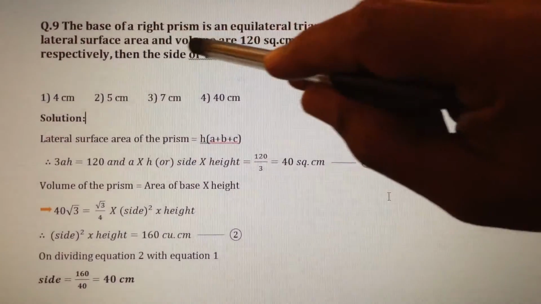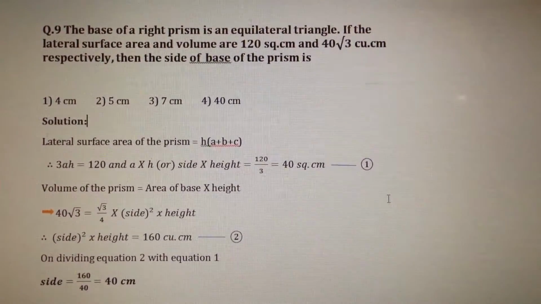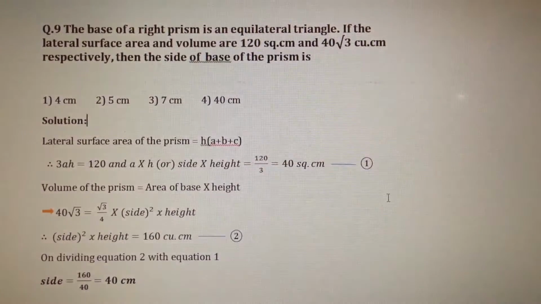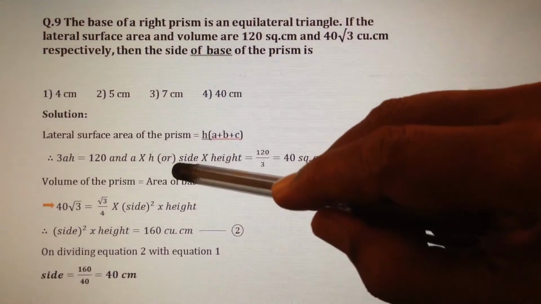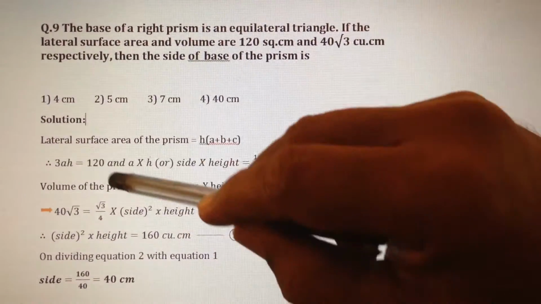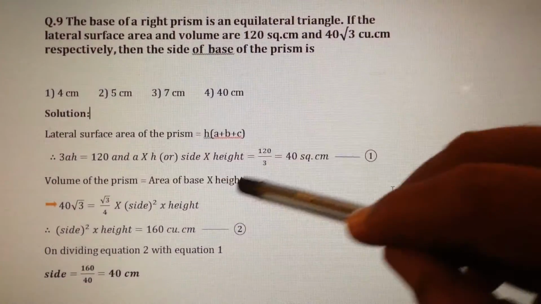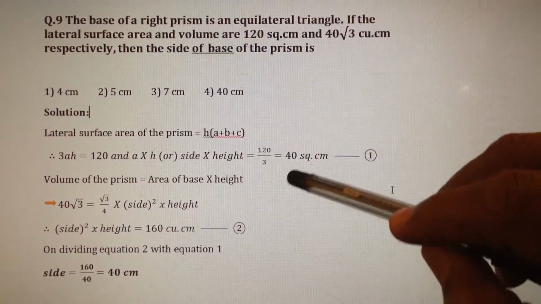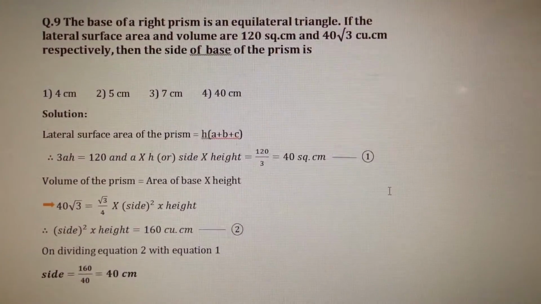The base of the right prism is an equilateral triangle. So all the sides are equal. A, B, C are equal. Therefore, the lateral surface area is equal to 3A into H. 3AH is given as 120 square centimeters, and AH is equal to 40 square centimeters. Let us take it as equation number 1.